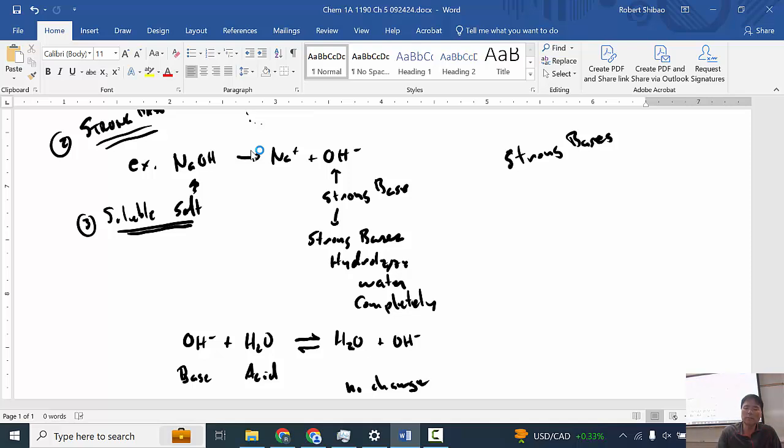So we know the 7 common strong acids, but are there 7 common strong bases? And it turns out there are more than 7. And so what we're going to do is look at these. So for example, the soluble hydroxides are 1.